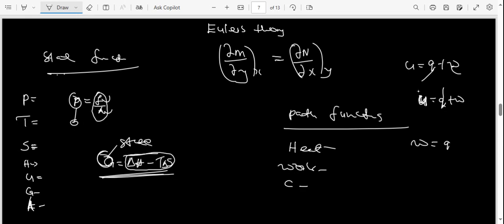And also heat is a path function, and specific heat capacity is also a path function. So they depend on the path. Before the subject of the formula, we find them inside. So we call them path functions. Okay. Hope that is clear.